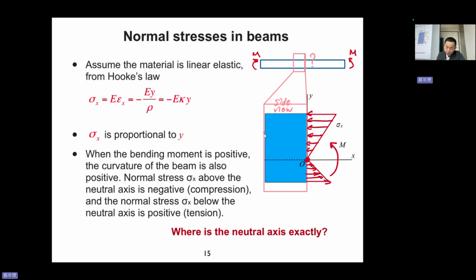And you see, because negative kappa y, right? Sigma x becomes negative E kappa y. Y from below the O will be negative, negative, negative. So it's positive. So the positive will make the bottom part of the material lengthen.